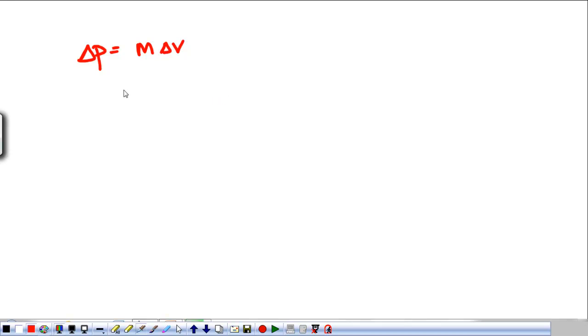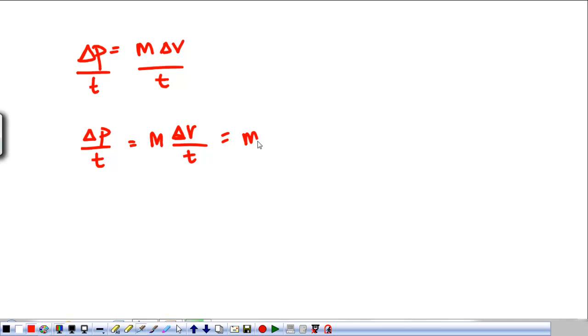So if we take this change in momentum and we divide it by time, we're going to have change in momentum over time is equal to mass times the change in velocity over time. Well, we know what change in velocity over time is. It's acceleration, so mass times acceleration.